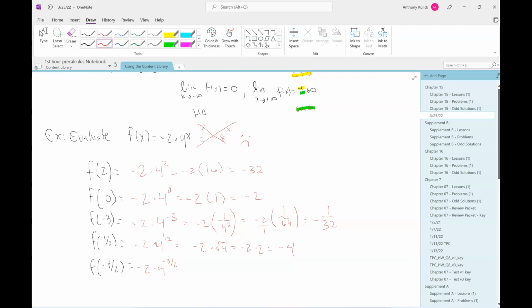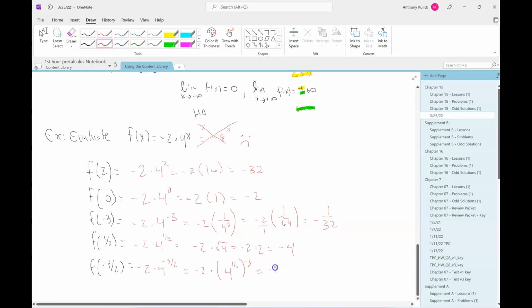All right. Last one. -2 times 4 to the -3 over 2. Woof! How am I going to do this? Well, this is how I would think about this. I'm going to separate those out. Instead of thinking about that as 3 over 2, I'm going to think about it as 4 to the 1/2 and then to the -3rd.